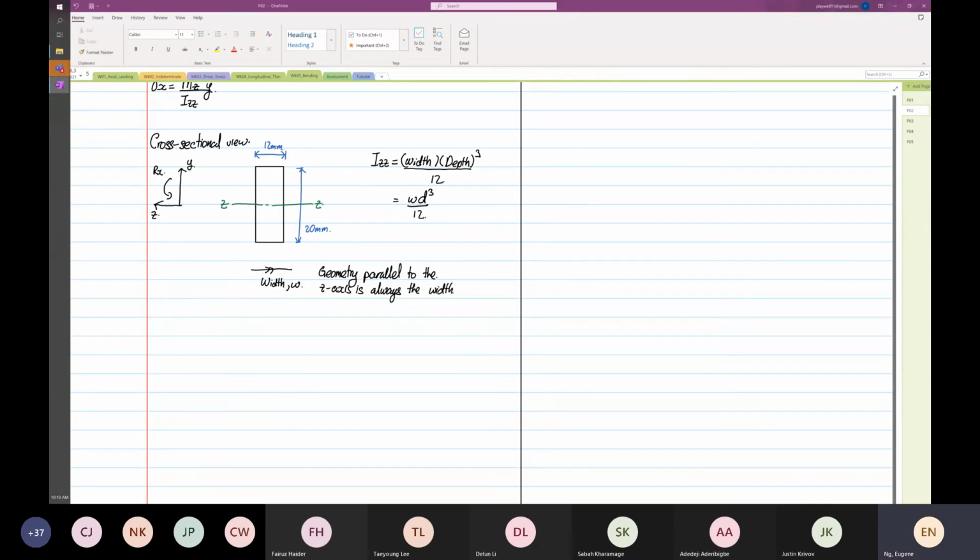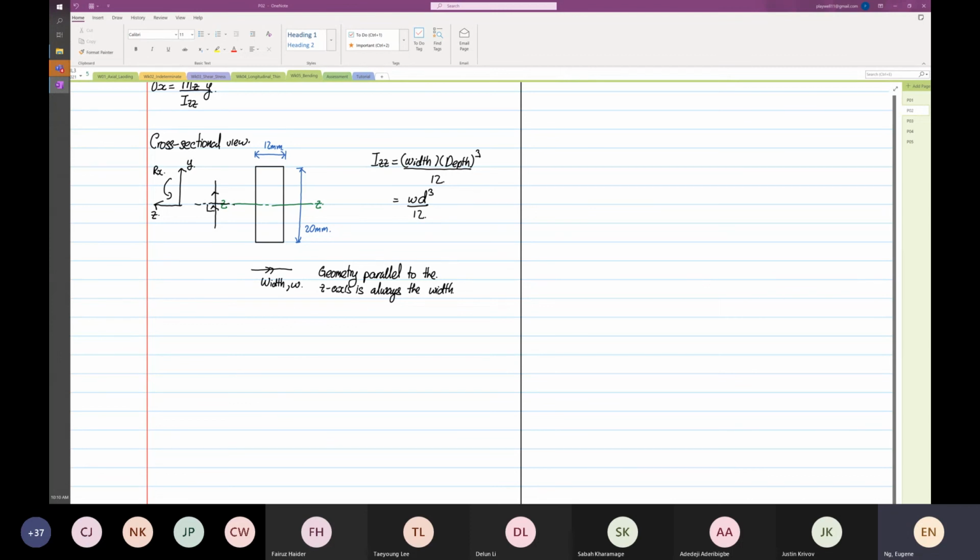Okay, and then any geometry. So if you look at this geometry over here, if I extend the ZZ axis, this geometry is what? Perpendicular.